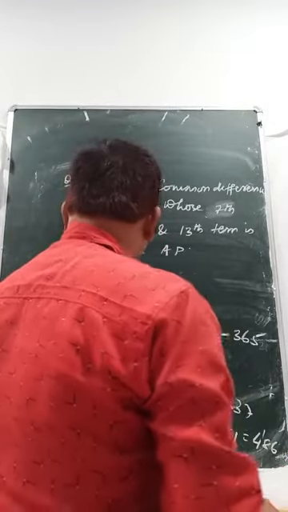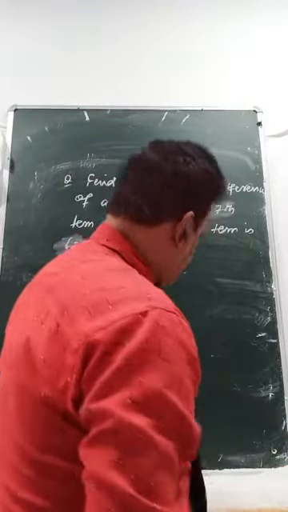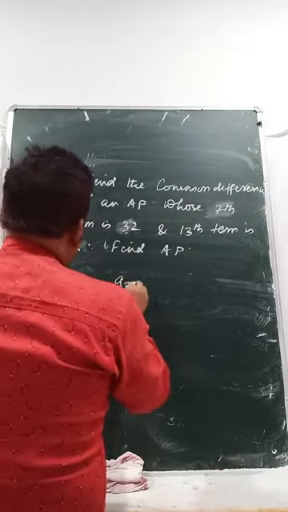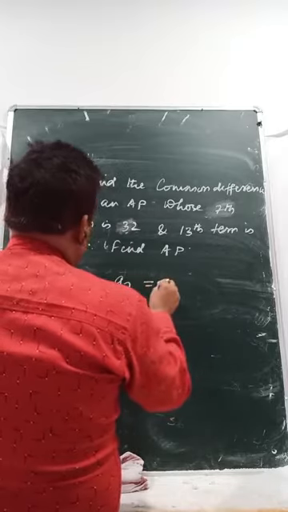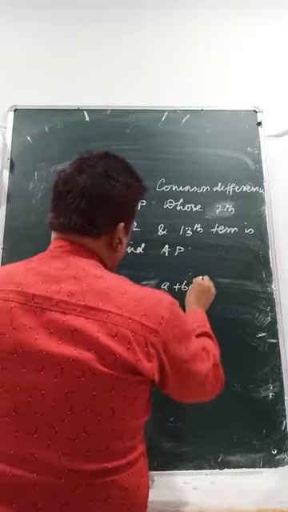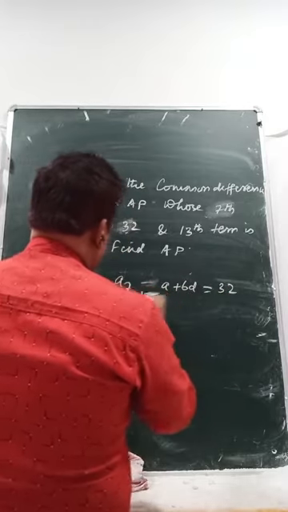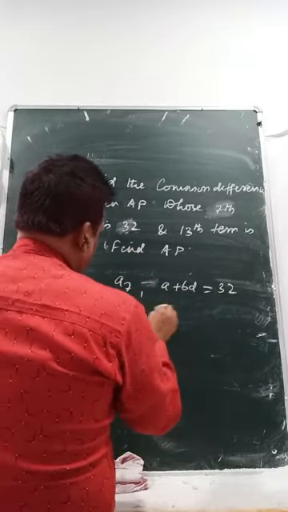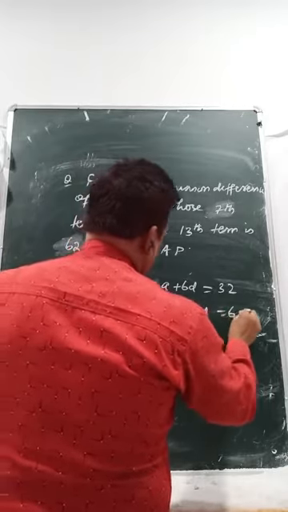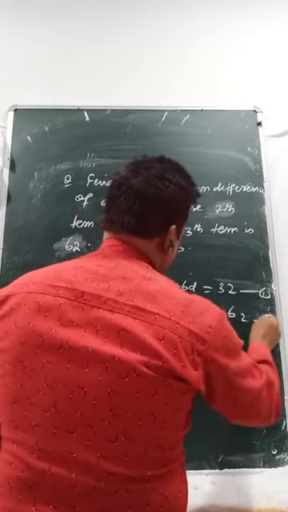What you have to do here is A7, what is the formula? A plus 6D equals to 32. A13 means A plus 12D equals 62.